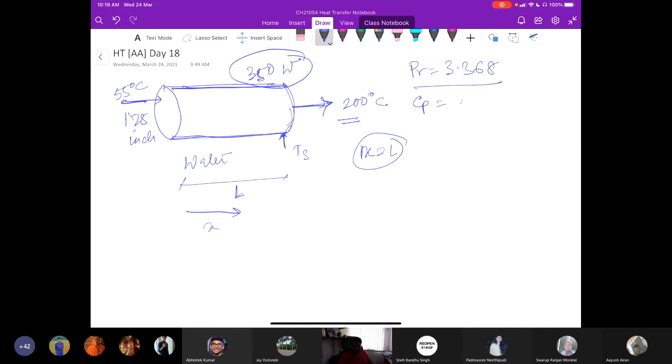Cp I give you so that you can convert. Understand units. I want you to convert these units: BTU per pound mass.